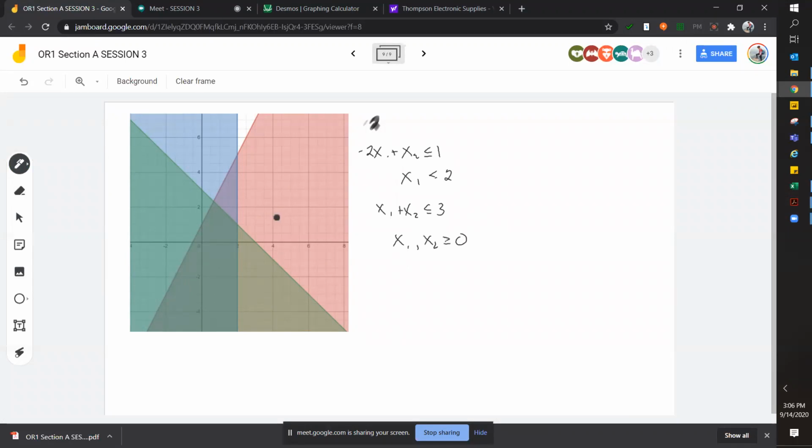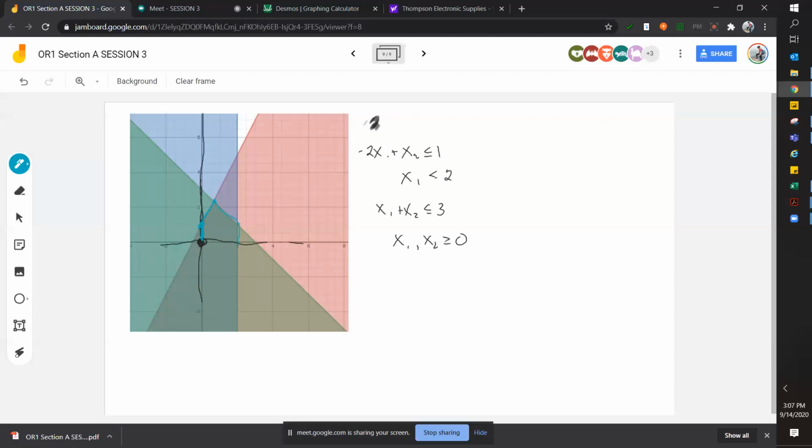Mag-start kami dito. x1, x2, 0. So ito yan. Para kasing siya ay may line pa dun eh. And then may line pa rin siya dun. Okay, so let's start dito sa point na yun. So tataas siya dun. Ayan, tataas siya dun. May crossing.